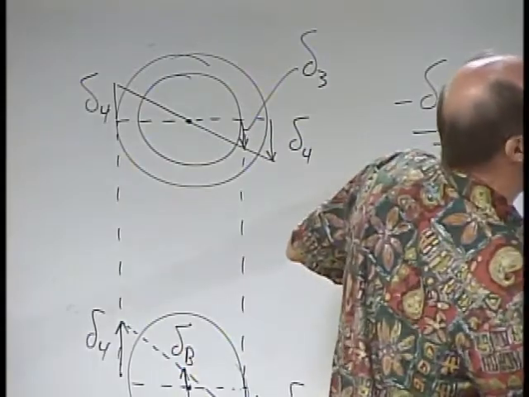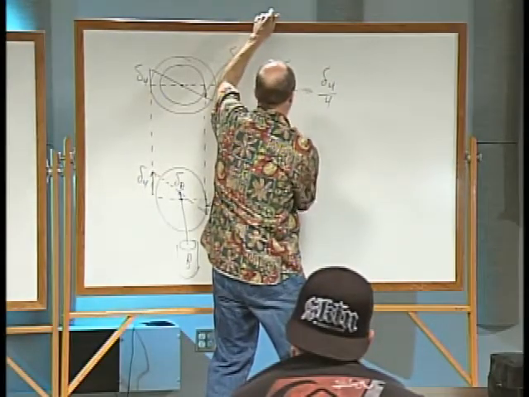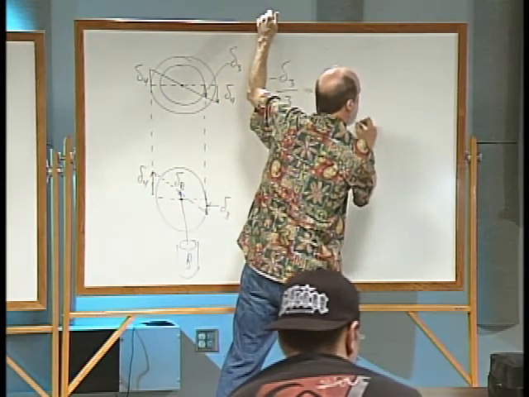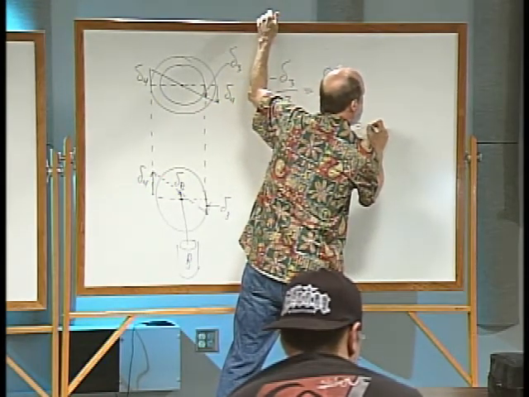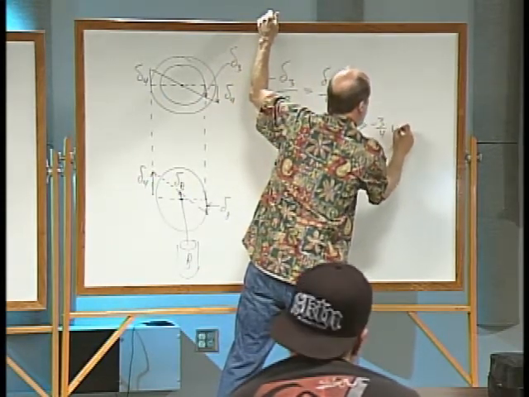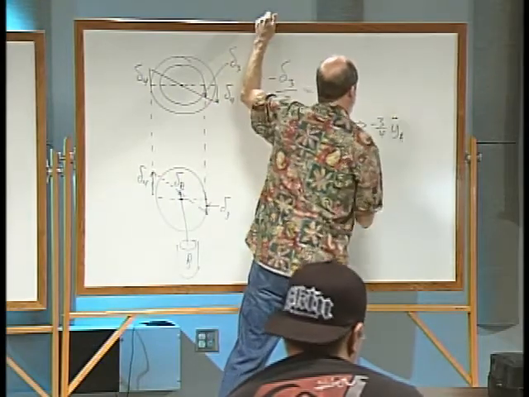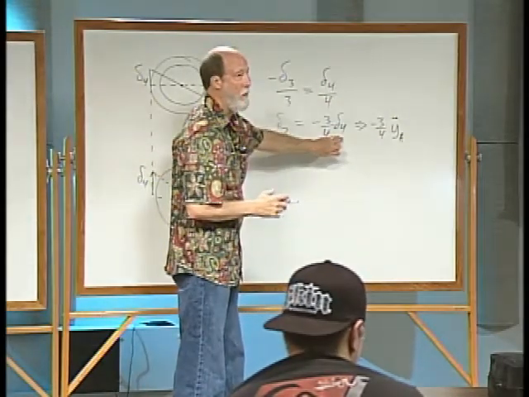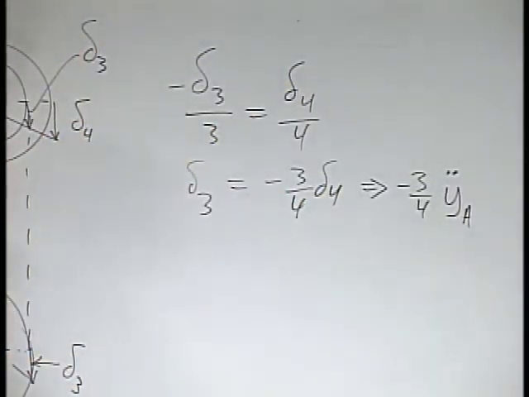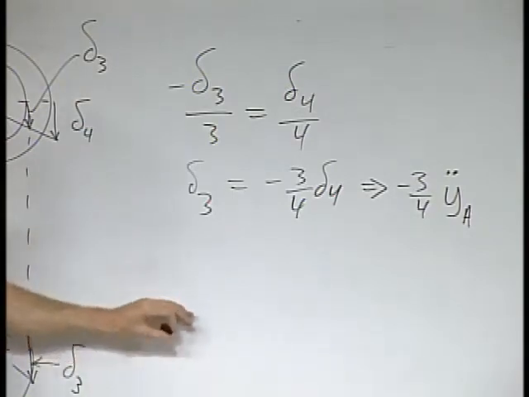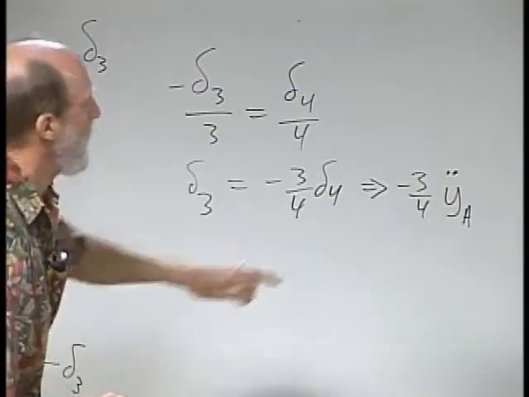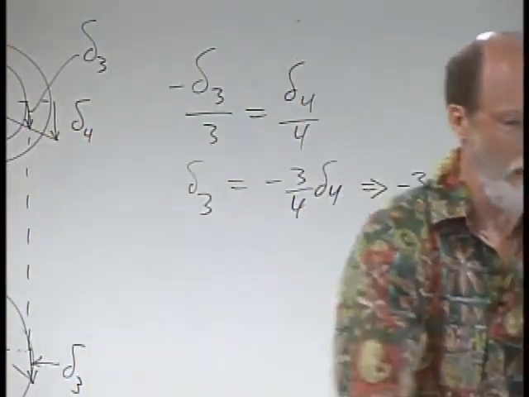So then I wrote that delta 3 is going to be equal to negative 3/4 of delta 4, which implies negative 3/4 of y sub A double dot, if I would differentiate then. Because delta 4 relates to the motion of the body on the right over here, cylinder A. Now, if you look down here at the lower pulley, move that up a little bit.